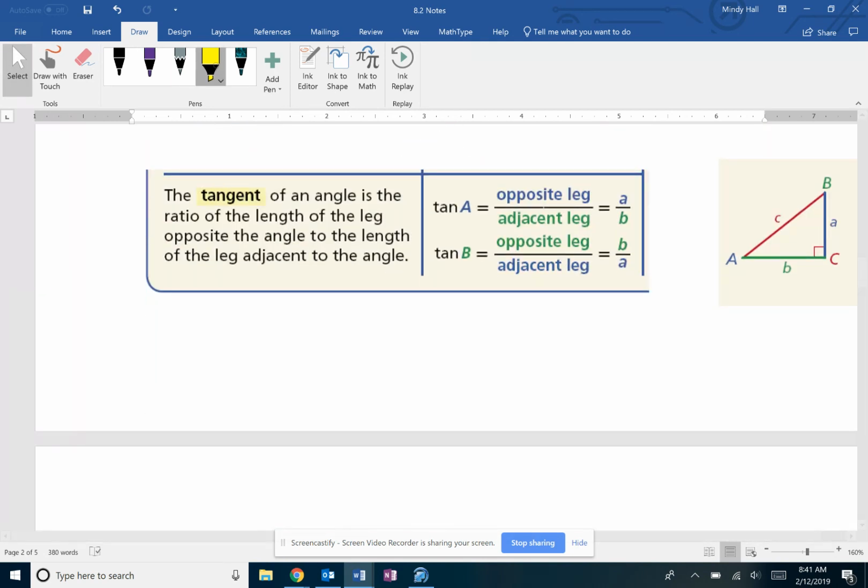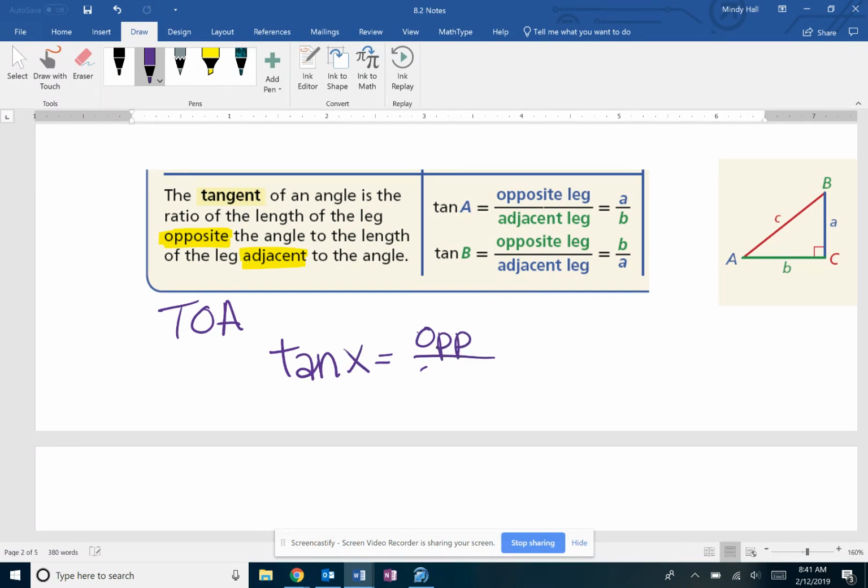Our last trig ratio is tangent, and tangent is the ratio of the length of the leg opposite the angle to the length of the leg adjacent to the angle. So that is our TOA of SOHCAHTOA. The tangent of an angle is opposite over adjacent. And again, you notice the letters. We have the T, O, A, TOA.